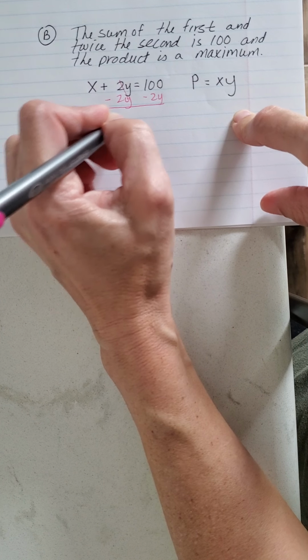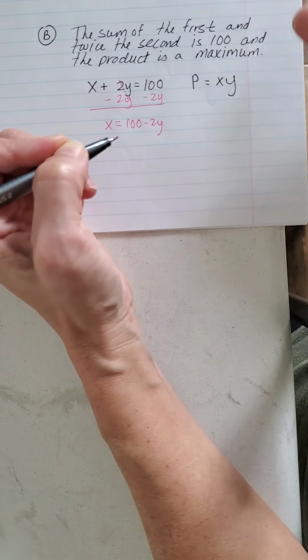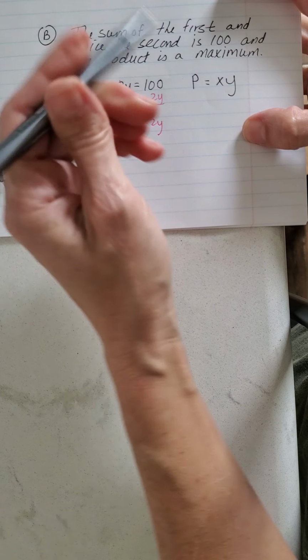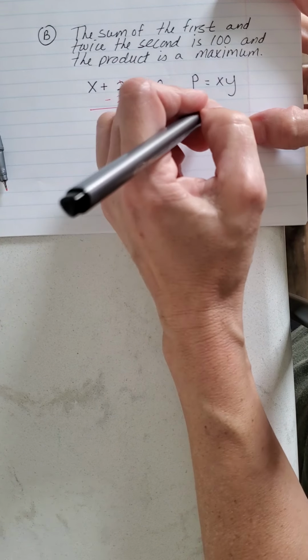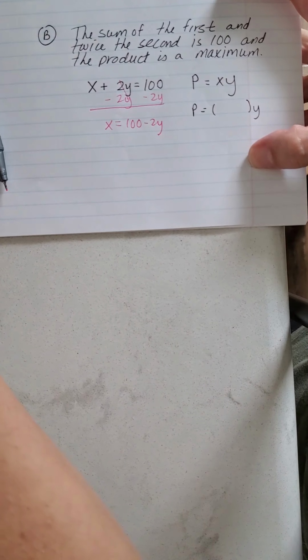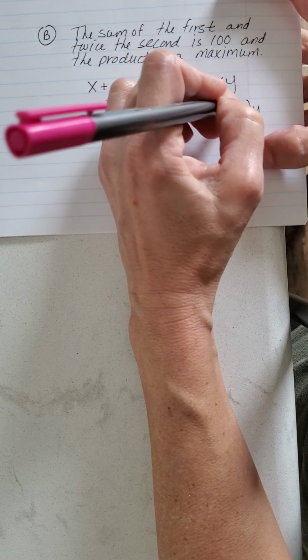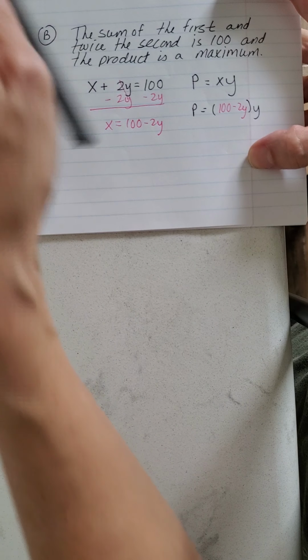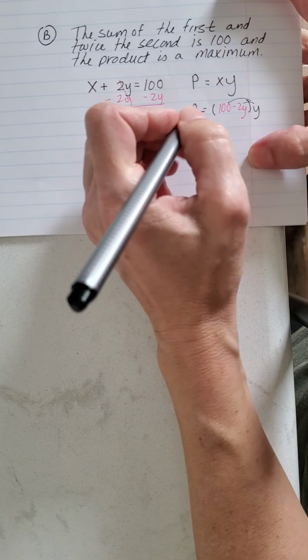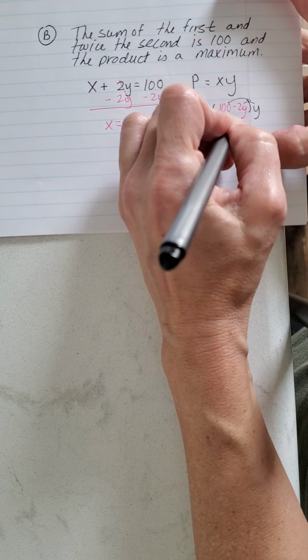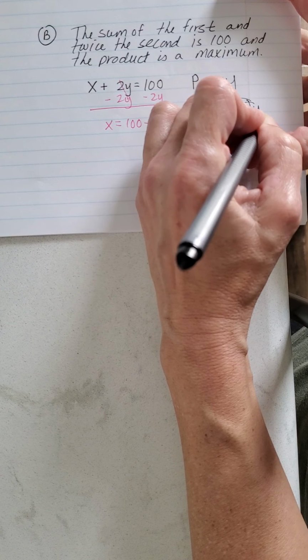I get x equals 100 minus 2y. I'm going to plug that in here. P equals 100 minus 2y times y. And when I distribute, I get P equals 100y minus 2y squared.